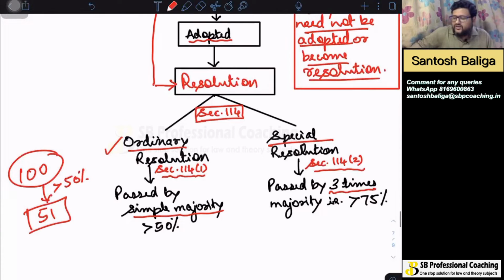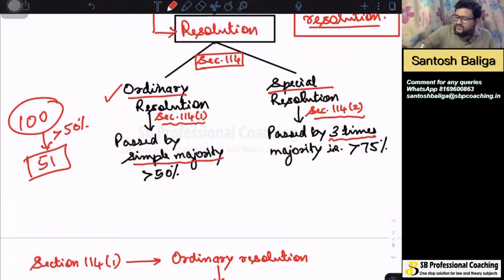So, in ordinary resolution, I would say that the votes passed in favor exceed the votes passed against. But in special resolution, the votes passed in favor are 3 times the votes passed against. Then I would say that special resolution has been passed.